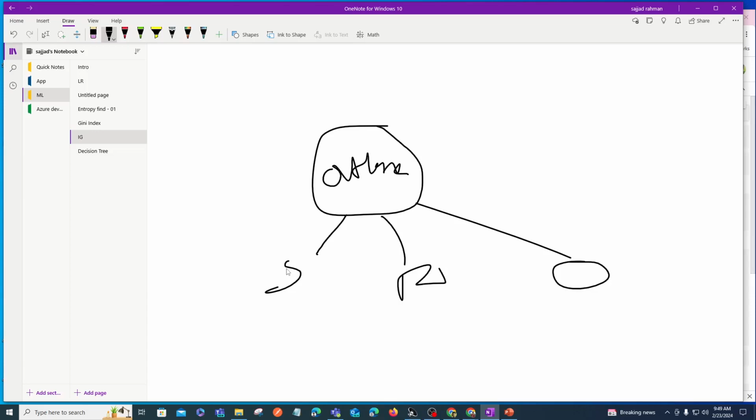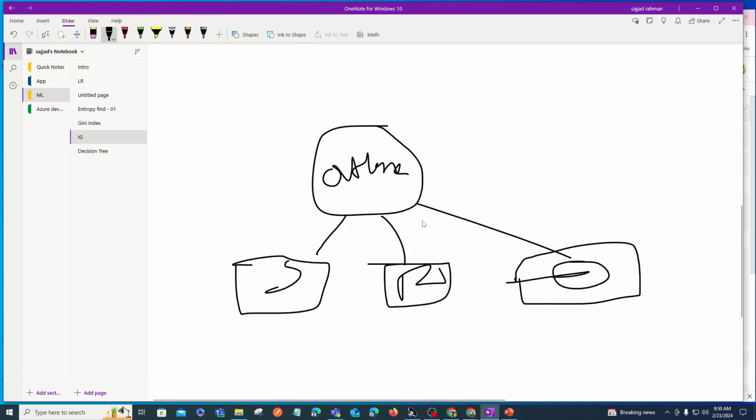I am showing you how we do branching first. If we take outlook, we are not sure that this is the correct feature to pick, I just tell you for understanding.